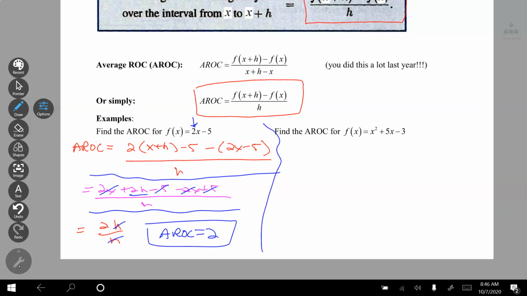This one's a little bit harder. It's going to take more work because my average rate of change is going to equal x plus h squared plus 5 x plus h minus 3 minus the original function over h.